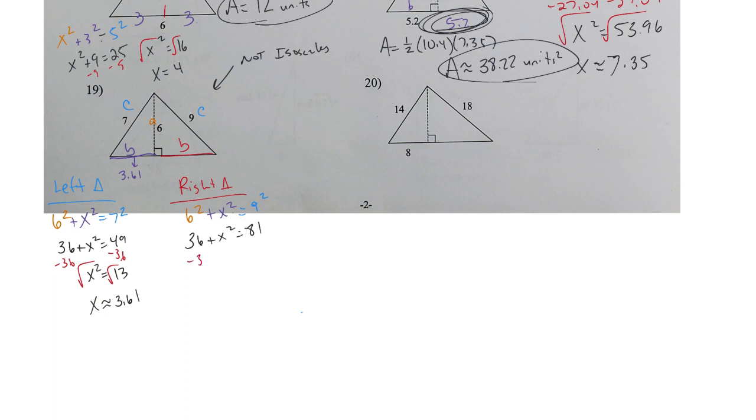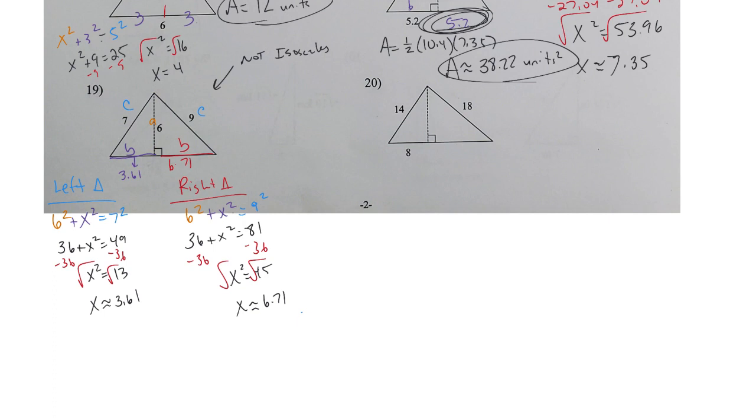I minus 36 from both sides. So 81 minus 36 is 45. x squared equals 45. Now, to get rid of the little 2, I square root both sides. So x equals the square root of 45, which is about 6.71. So my b here is 6.71.